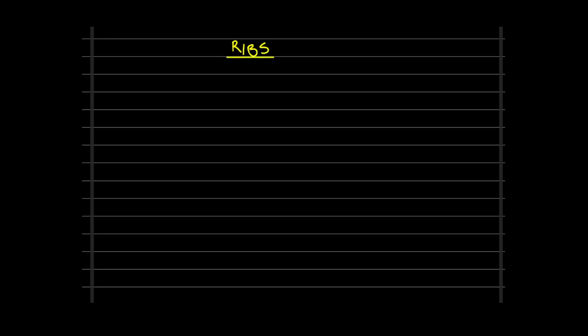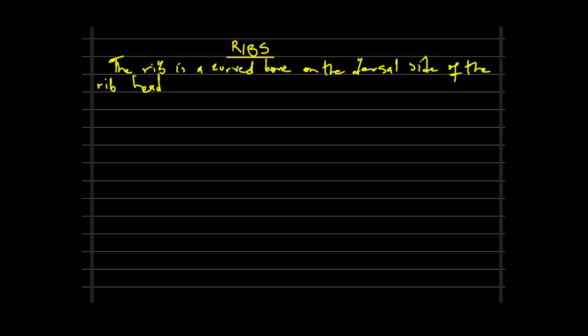The rib is a curved bone, with a head on the dorsal side called the capitulum.